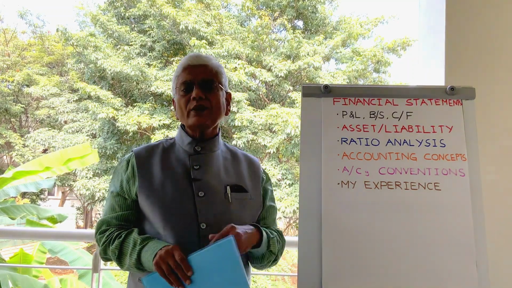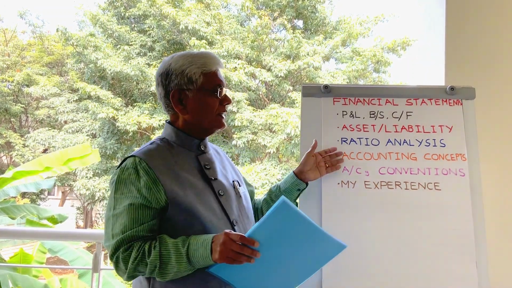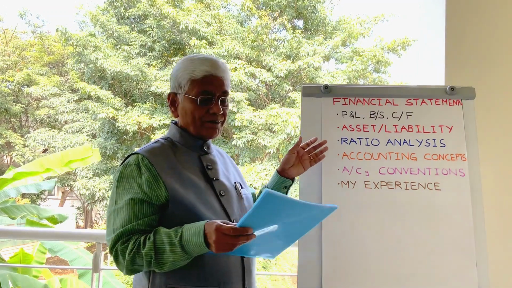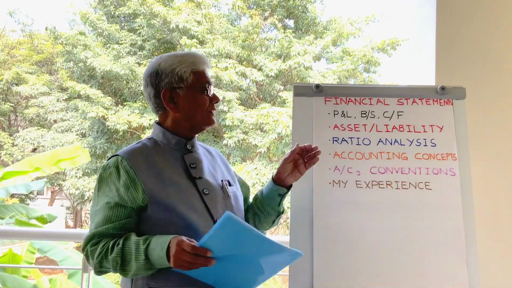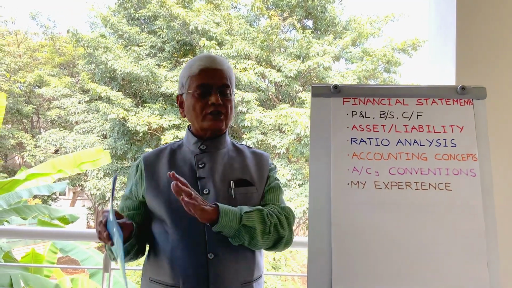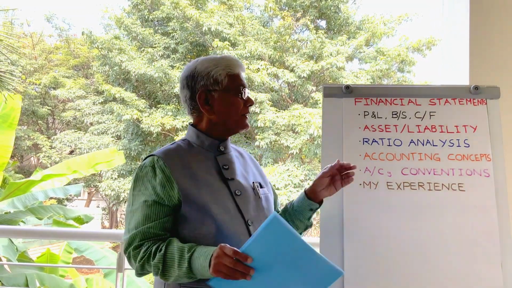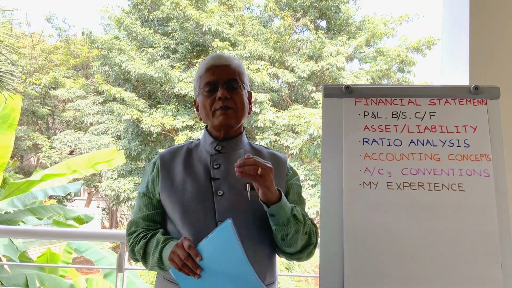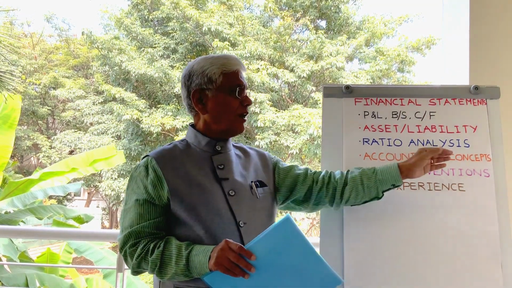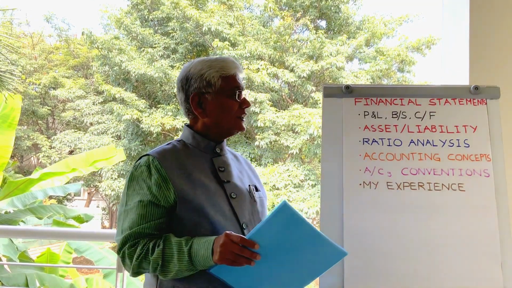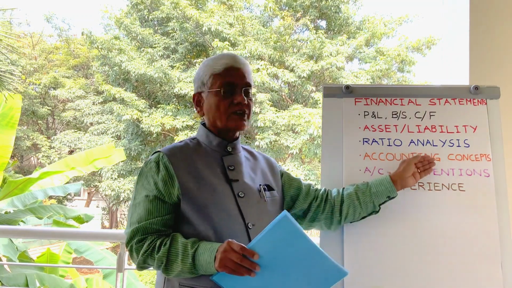Now there are certain accounting concepts which are followed. First concept is business entity. That means the entity is different from owners. Second concept which people use is money measurement. Every transaction has to be measured in rupees, monetary terms. Third concept is the cost.